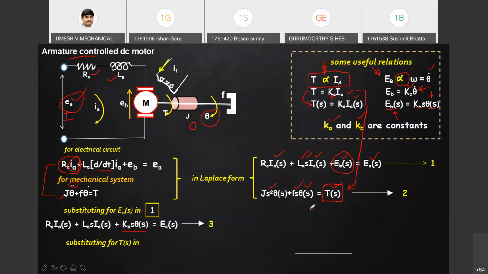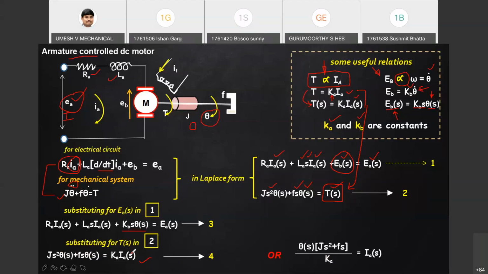So you bring this T(s), remove it and put Ka into Ia(s). So that has been done here. So this is the second equation. We brought in the relations in place of Eb and torque, back EMF and torque.